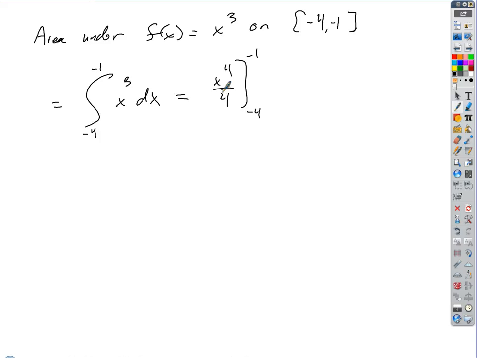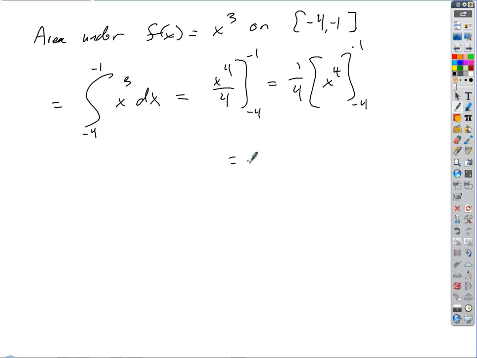Or we can treat this 1/4 as a constant and pull that out front if we want to. You don't have to do this, but we could write this as 1/4 times x to the 4th evaluated from -4 to -1, right?